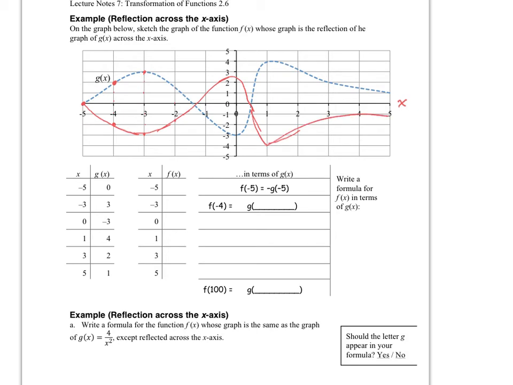Okay, so remember that the dotted line here is g, so the solid line is now going to be f of x. So let's complete a few values so you can see the connection between the two. All right, so if x is -3, which is here, the value for f will be -3.